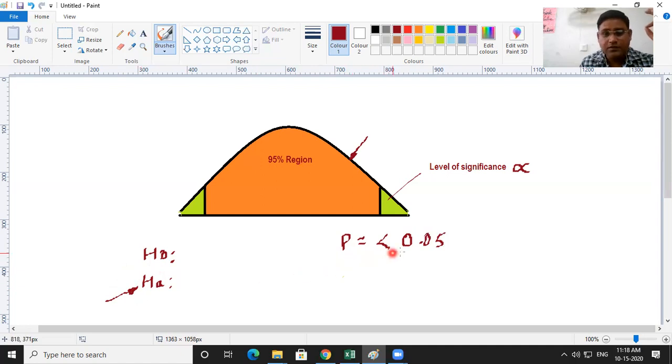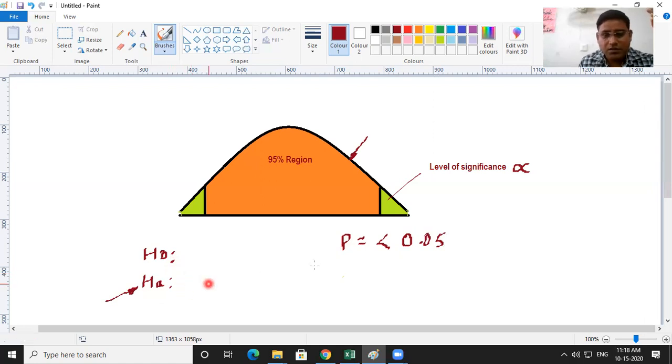If our p value is less than 0.05, in that case we can say that our null hypothesis is rejected. We will never say that our alternative hypothesis is rejected. Acceptance and rejection will be only done for null hypothesis. To check that, we apply test on alternative hypothesis.